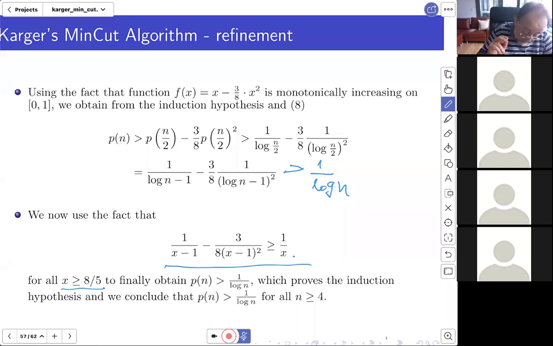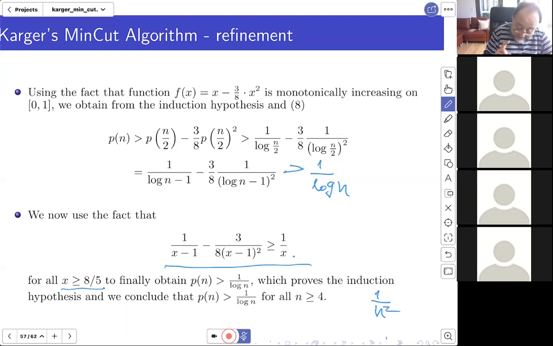So the probability of failure of the new algorithm is 1 over log n. Remember, the probability of success of the original algorithm, when we contracted all the vertices until we got only 2, was 1 over n squared.